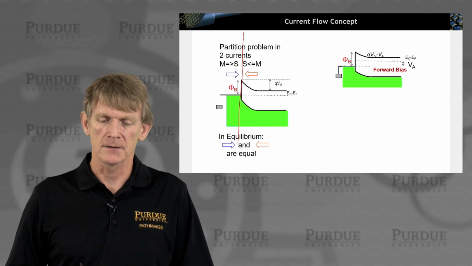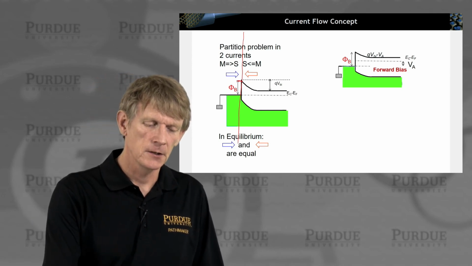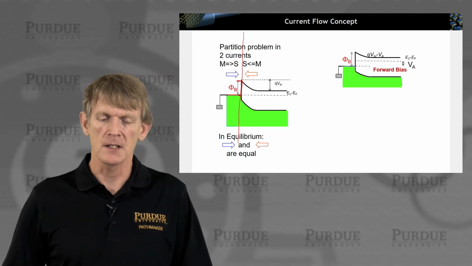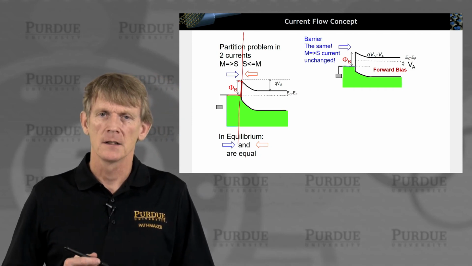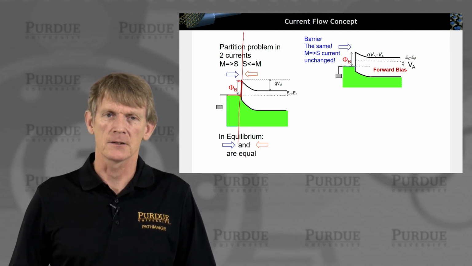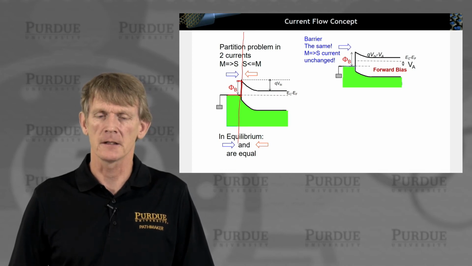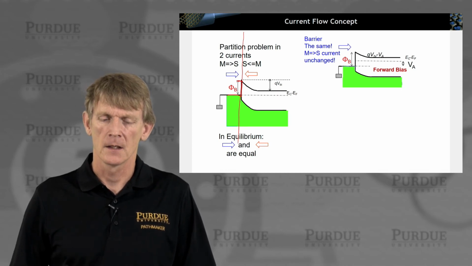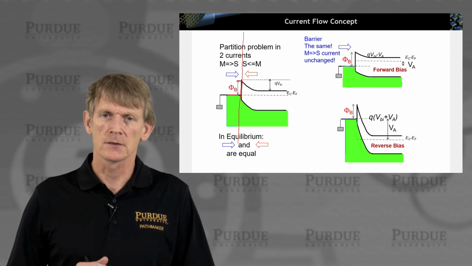In forward bias, the barrier that the electrons from the metal see remains the same. Okay? That means the electron flow, metal to semiconductor, remains unchanged, regardless of the size of the forward bias, because the barrier remains the same. Now, for the reverse bias, that is also true.